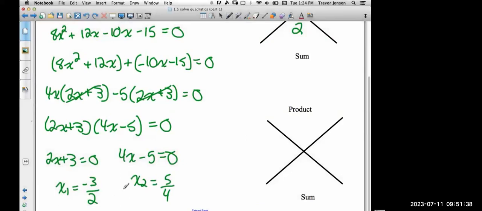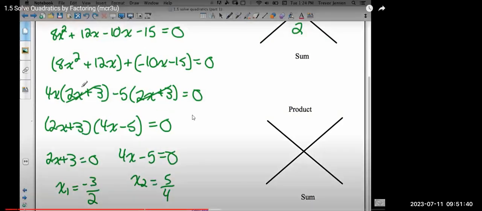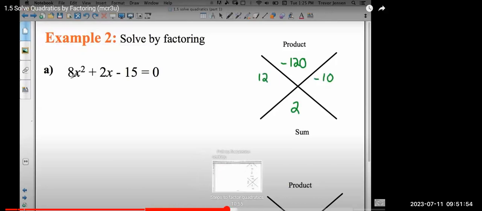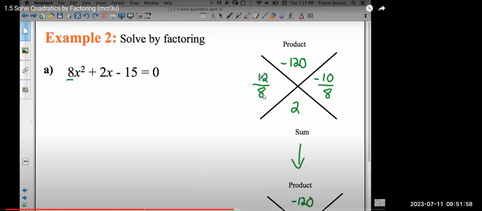Now, that is a very long way to factor that quadratic. Okay, so let's go on to the next one. I guess it's going to show you a different way to factor, but factor by grouping is tried and tested. So I wouldn't do any other way. This one gets complicated, so I don't want to show you that.